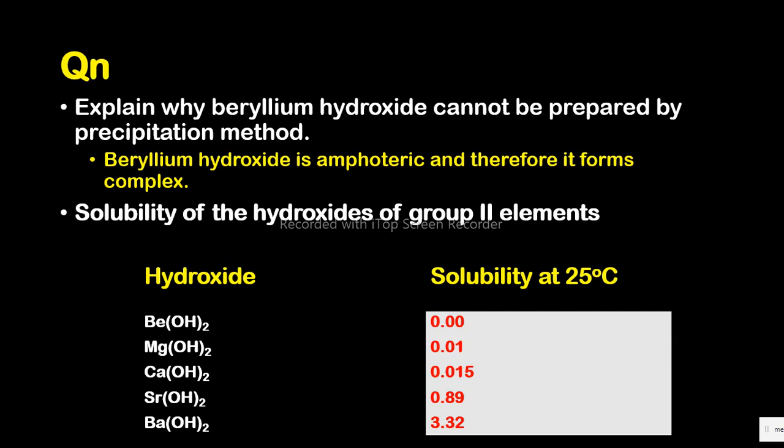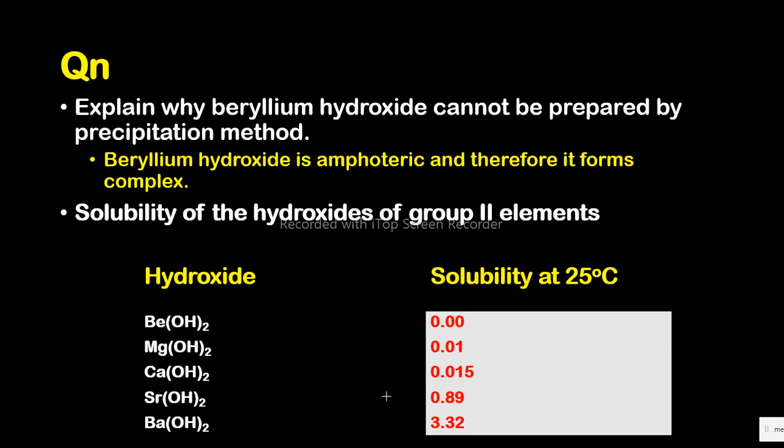It's simple. It goes back to the lattice and hydration energy. So as you go down the group, the sizes keep on increasing for these group 2 elements. From beryllium to magnesium, the size does increase. To calcium, the size does increase.